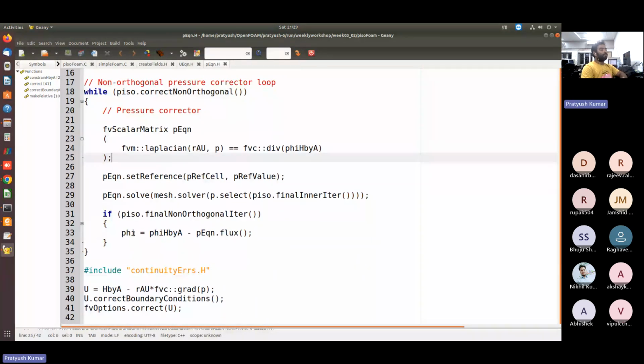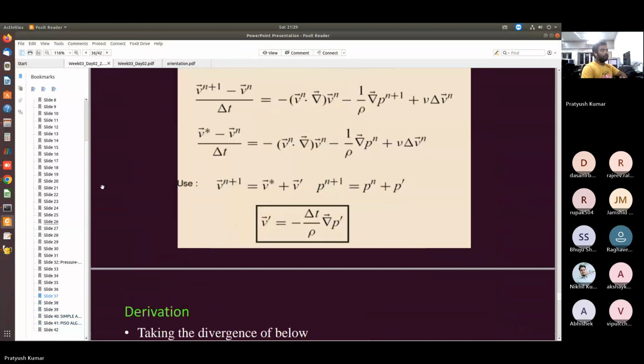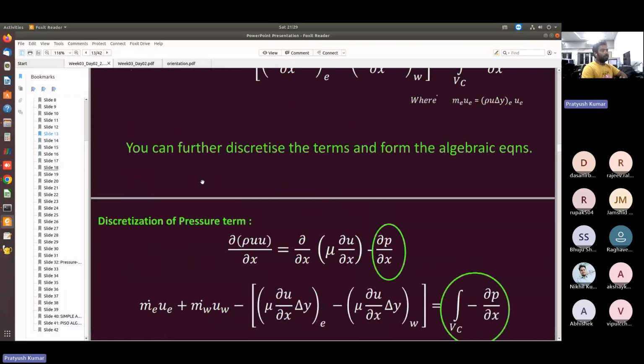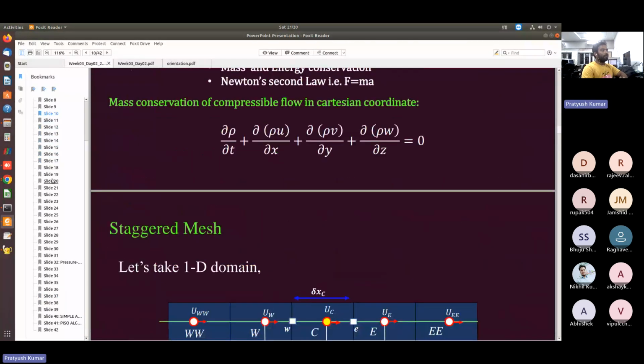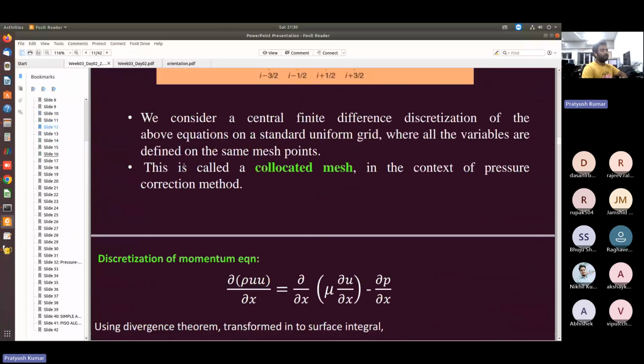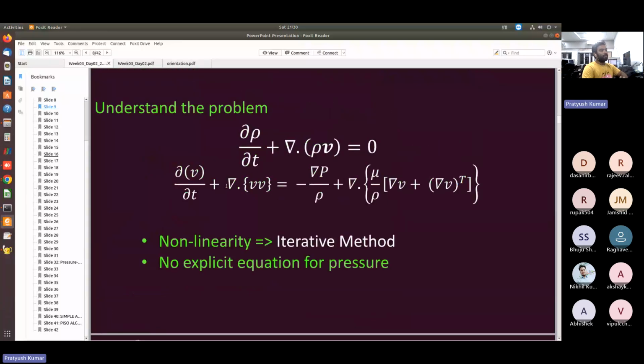Now this phi term, what is the phi, let me tell you. As I told you, this momentum equation has non-linearity while solving this term. You can see here that there are two components of the velocity.